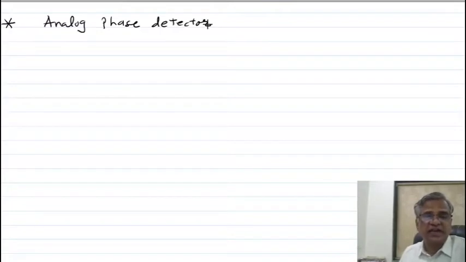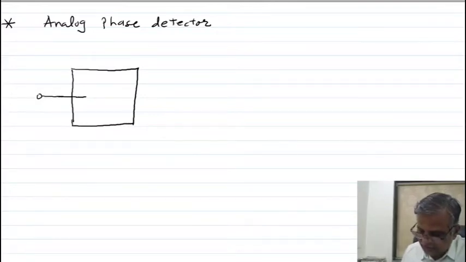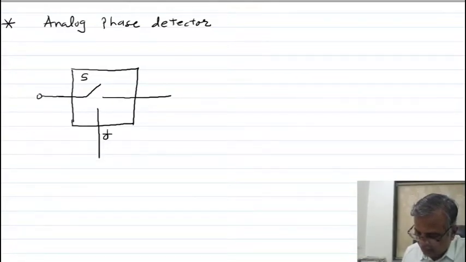The symbolic diagram of the analog phase detector is shown in the figure. This is also known as a switch type phase detector. Here is the switch, let me say S, and we are giving the output of the VCO to this point.